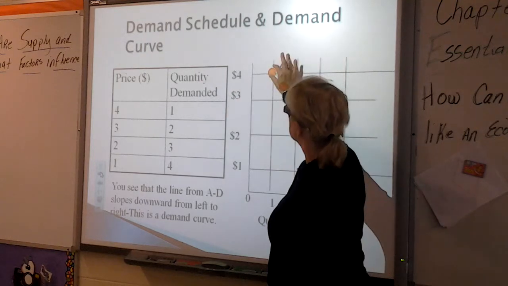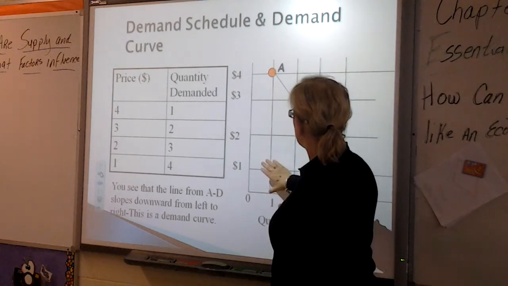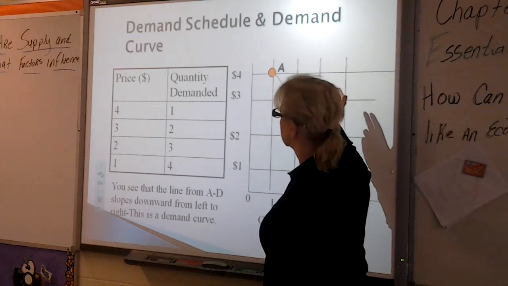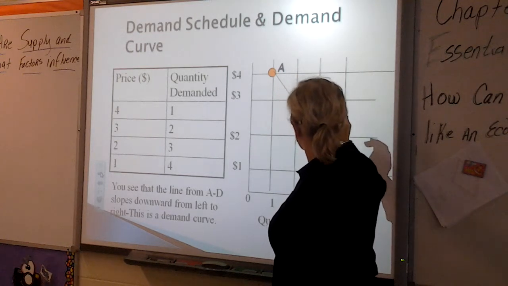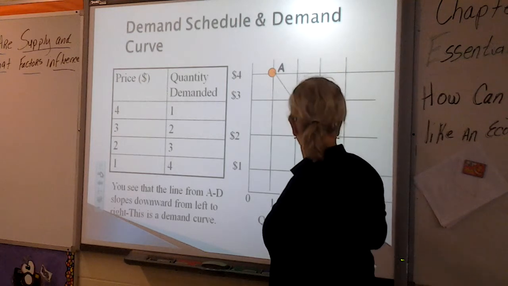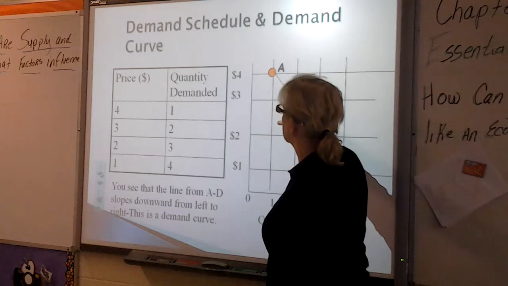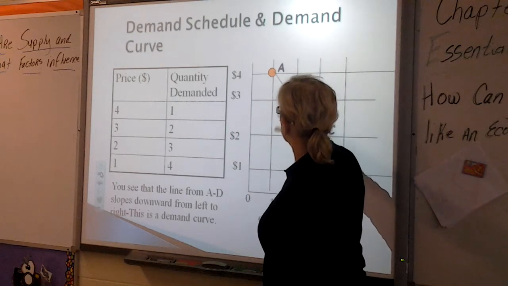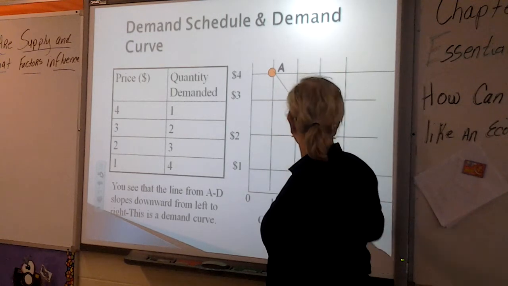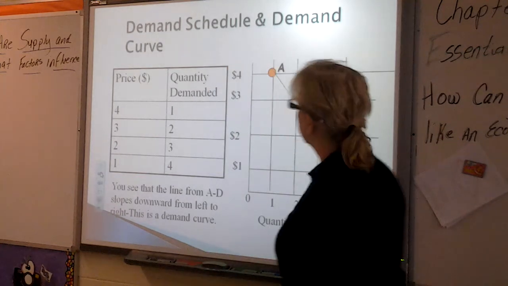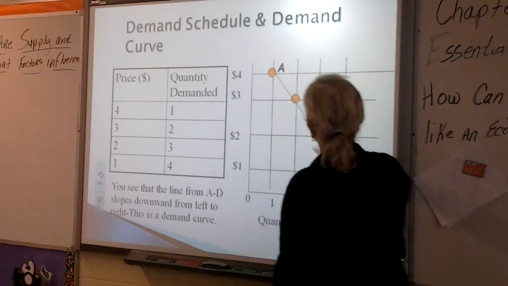So at $4 they'll buy 1, at $3 they'll buy 2. So you're going to 1 here, 3 and 2, 2 and 3, 1 and 4. So it'll give you your slope. This is what the demand slope always looks like.